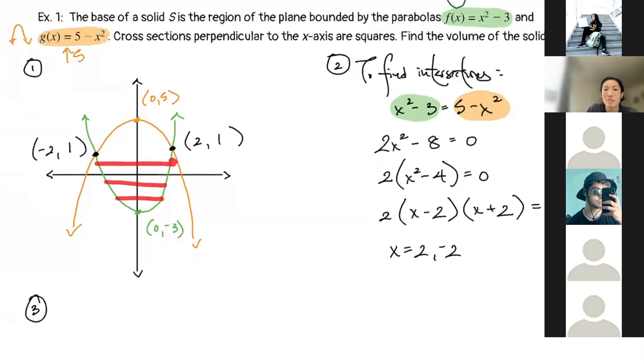But can someone explain to me why this might not work out? Why is it not helpful if I draw lines this way? What's the problem with that?